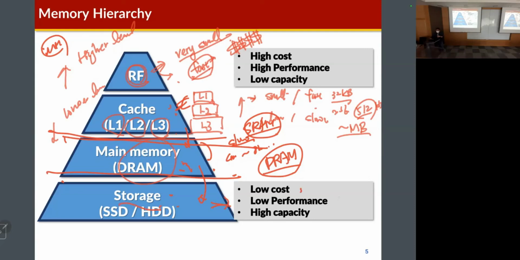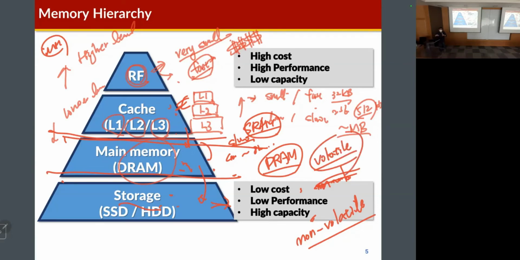Even though the performance is very low, these storage devices support high capacity. Another feature is that they are non-volatile, which means that even if we turn off the power of the computer system, the data remains in these storage devices. But DRAM is volatile memory, which means the data is removed if the power is turned off.